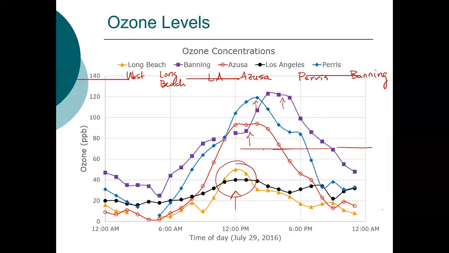Our standard is right here at 70 parts per billion. That's the 8-hour standard. So we have significantly high concentrations of ozone in the more eastern regions. In fact, it's closest to the mountains where we have the highest concentrations of ozone because of these reactions.